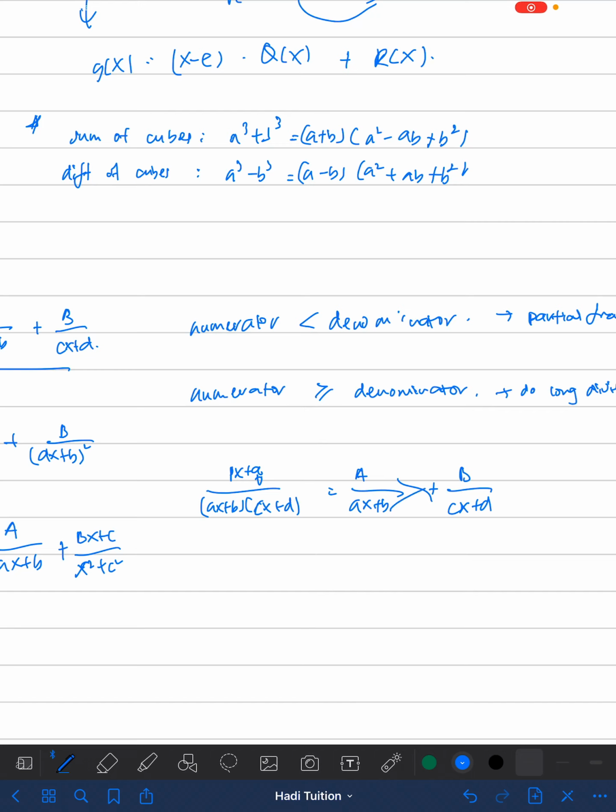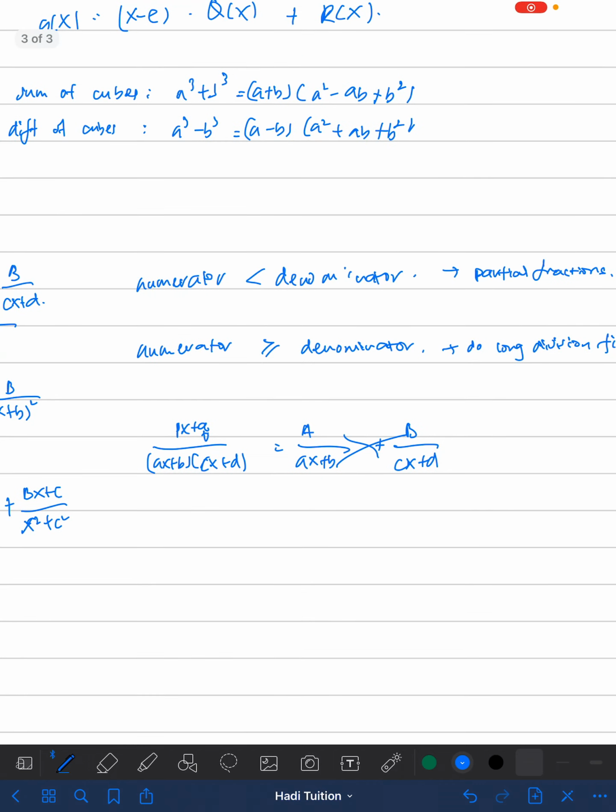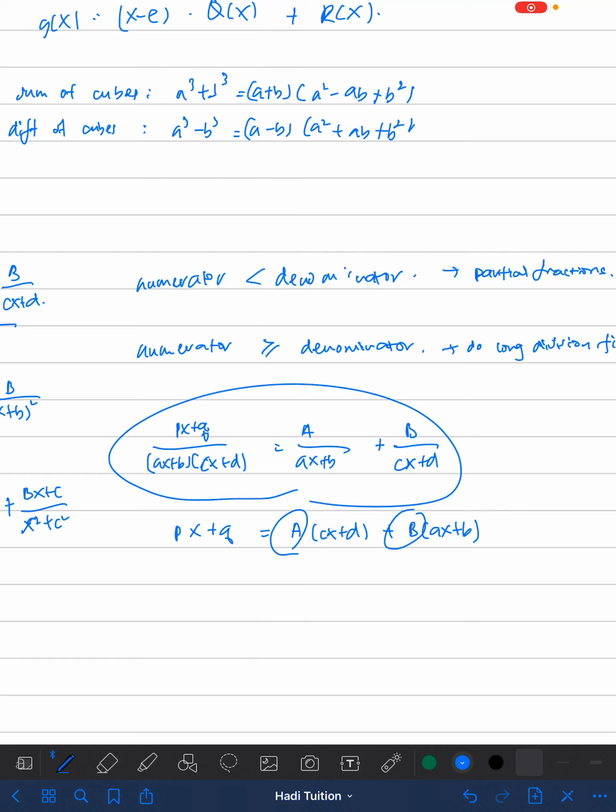So what you do is you multiply these together, and then you can bring this across. So in the end, what you get is actually this form. You solve for this. Solve for A and B, and you have this.